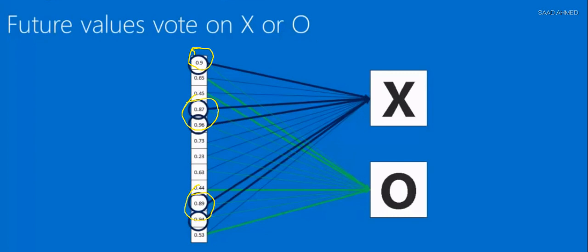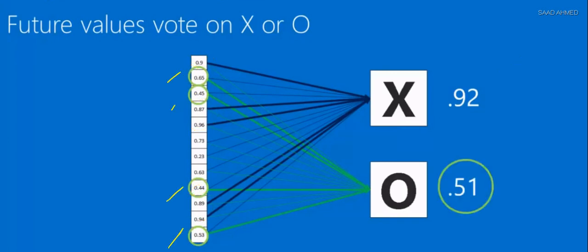And if we put an X into this, you can see that these are the values which have higher votes, so we just add them up and we have 0.51. So the classification made by the CNN in this case will be X. So this is the basic process.